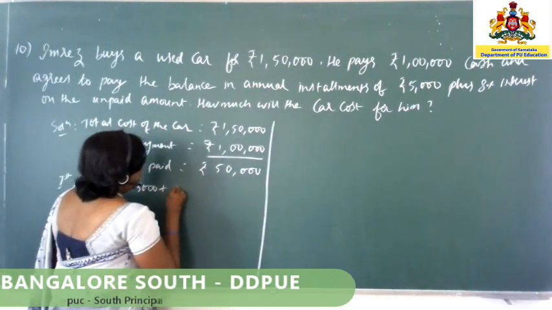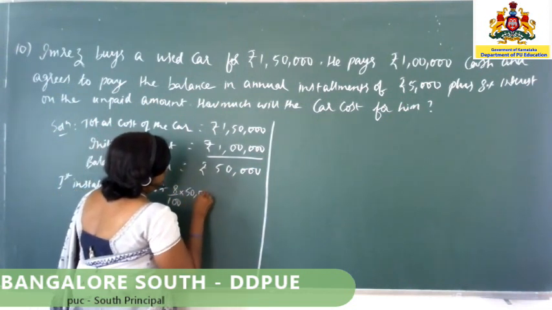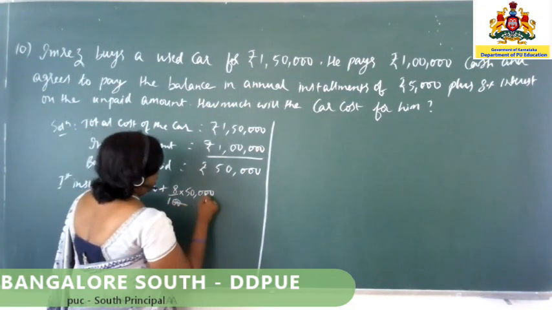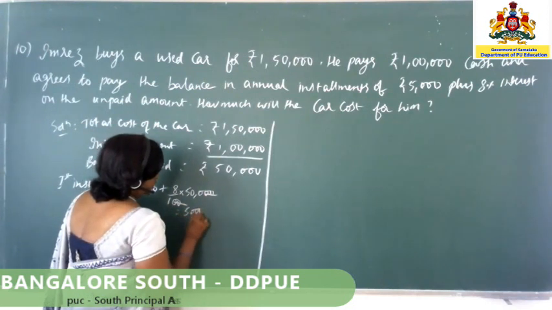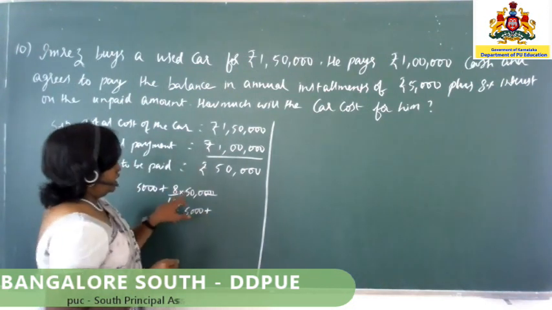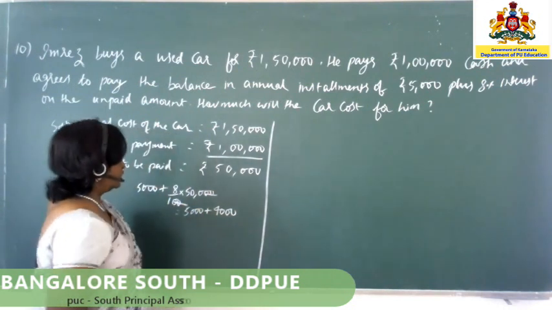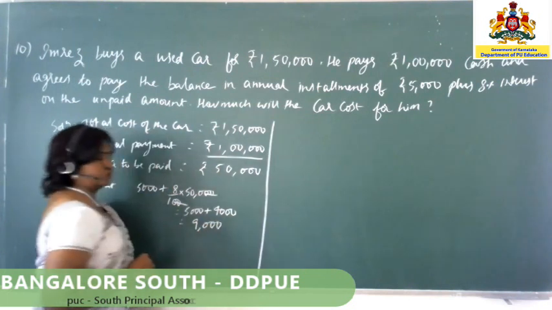That is 8 by 100 into 50,000. The zeros cancel, so that is equal to 5,000 plus 8 into 5, 40. So 4,000. 5,000 plus 4,000 is equal to 9,000.